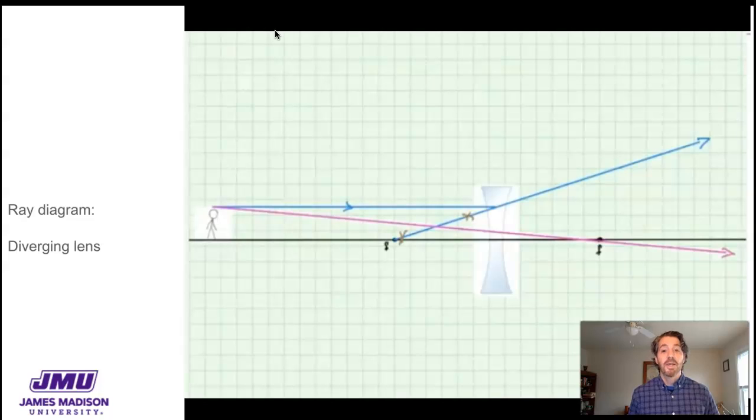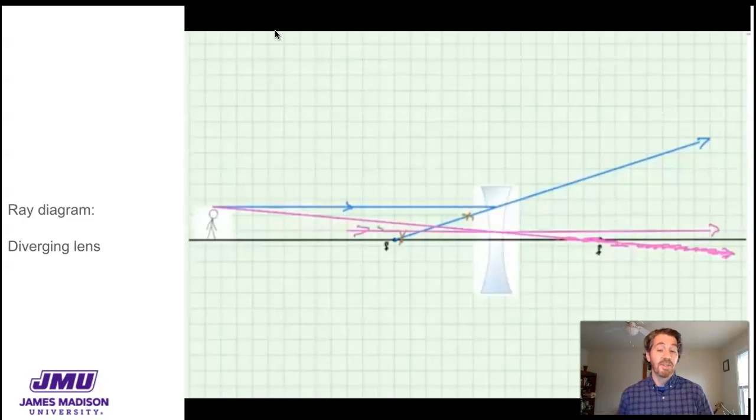Our second ray travels from the top of the object to the far focal point, but before it gets to the far focal point, it reaches the lens, which refracts the ray, so that from the lens, the ray exits parallel to the optical axis. I will now have to, again, trace backward to see where that ray seems to have come from.